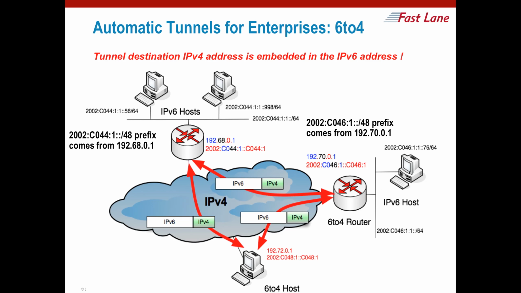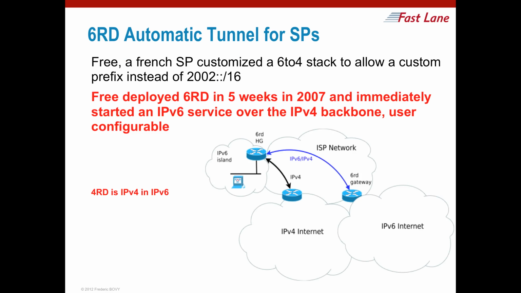The last thing about 6to4 is that to access the IPv6 Internet, public 6to4 relays are provided. But as this is a fixed prefix 2002, the public relays are not controlled by the customer, and it cannot be used by a service provider.